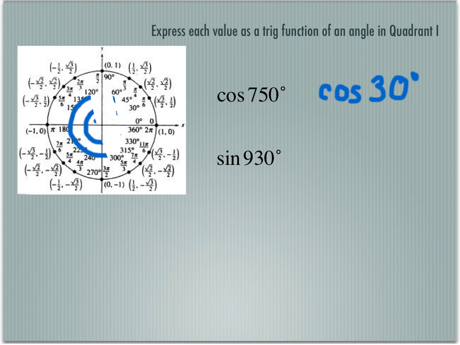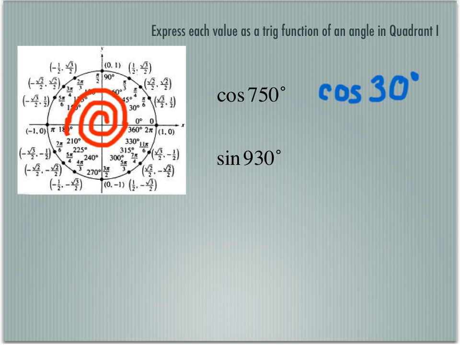All right, so let's try another one. The next one, the sine of 930. So let's think about that. Going around once is 360, twice is 720, and 180 more is 900.